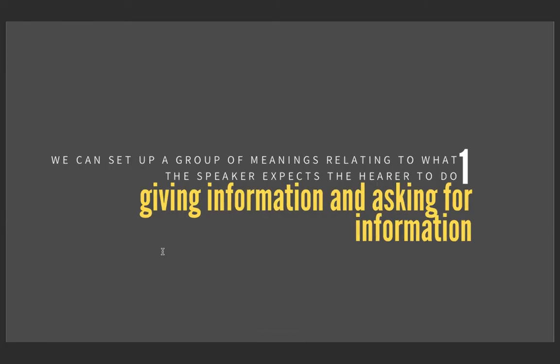So, number one, we can set up a group of meanings relating to what the speaker expects the hearer to do. It means to say that we have the power to control the words. We have the power to systematize them, to organize them.